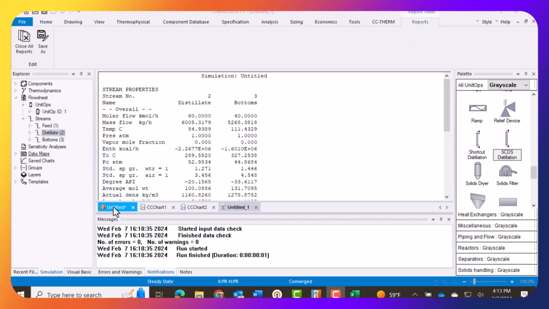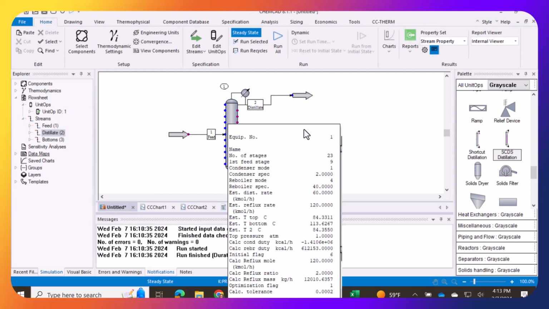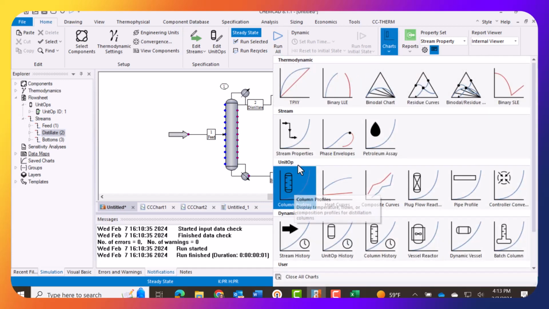All right, so let's look at what's happening inside the tower, because it's done stage by stage calculations, so we should be able to look at those. I'll do that by going to charts and choosing column profiles. You can do lots of these different things at various points in time. We will not be doing dynamic modeling in this course, but it's something else that you can do.